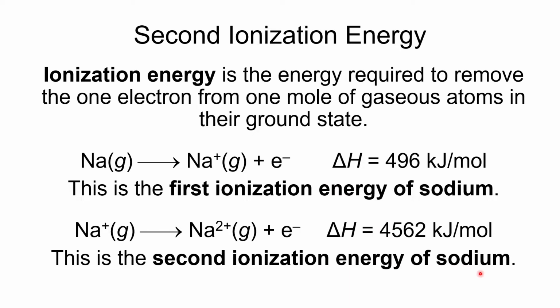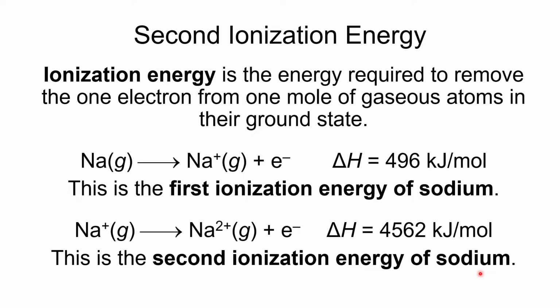Well, that is the second ionization energy of sodium. Now, you would expect that the second ionization energy is always going to be larger than the first. Recall, as soon as you take 1 electron away from an atom, all the remaining electrons have fewer repulsions, so they get closer to the nucleus. Once they get closer to the nucleus, any subsequent electrons are going to be more difficult to remove. That's perfectly normal.